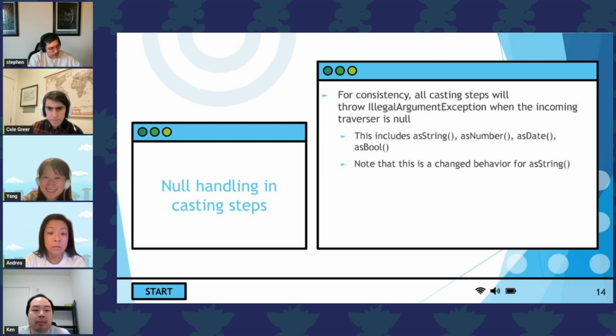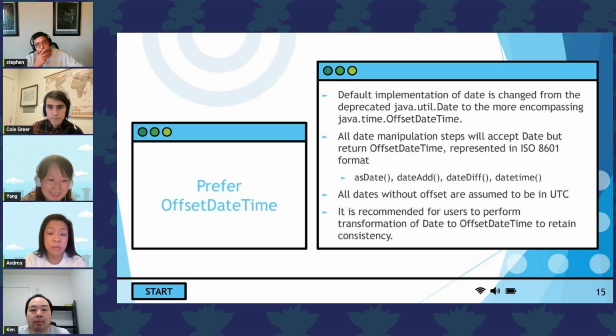Continuing on, as we go through the existing types being used in Gremlin, we're looking to deprecate some of the older data types.